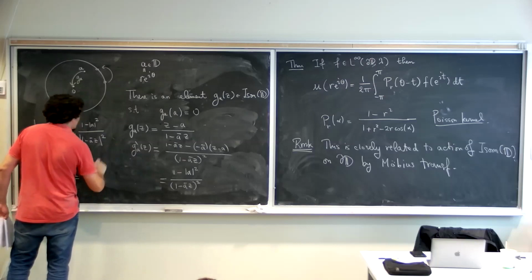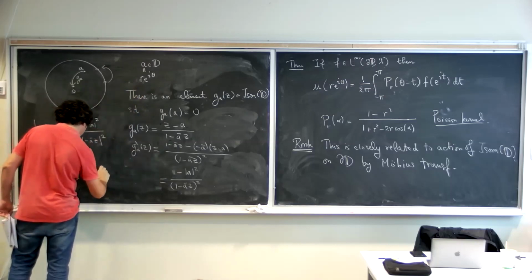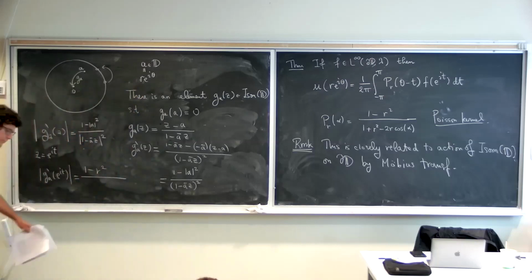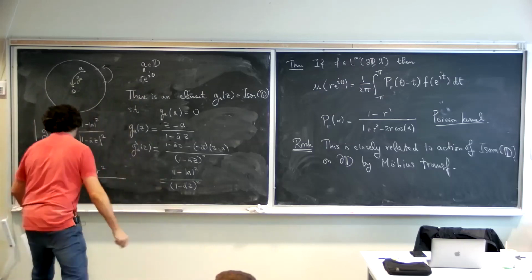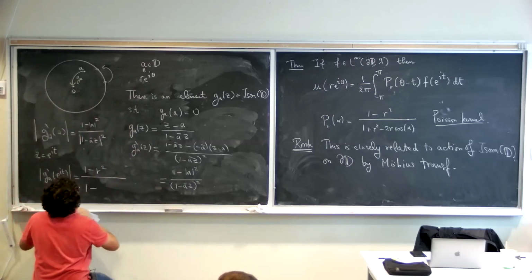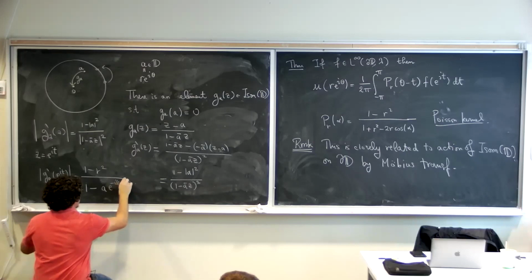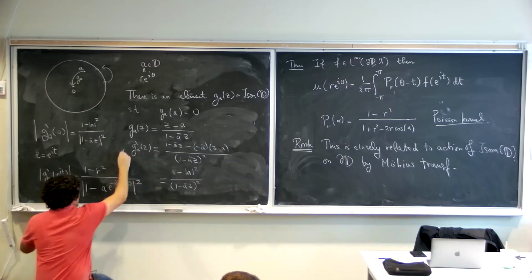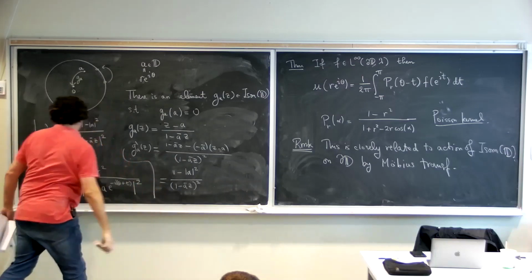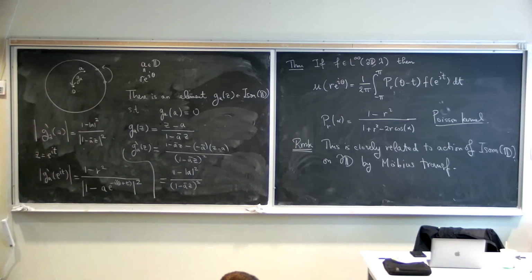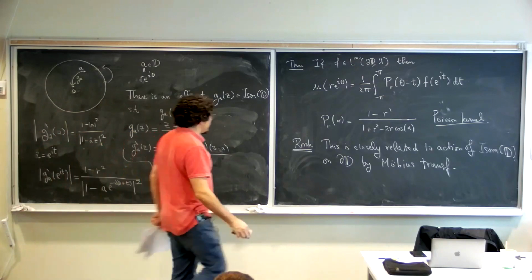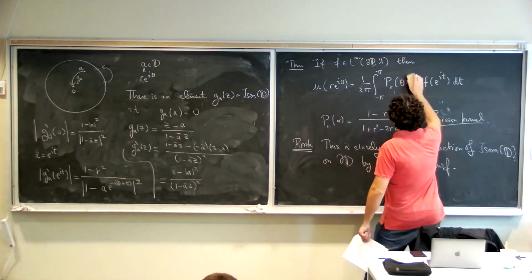Is 1 minus r squared over, sorry, the norm of 1 minus A bar z, so it's |1 minus r e to the i(t minus theta)| squared. Right? So you see, this is extremely close.